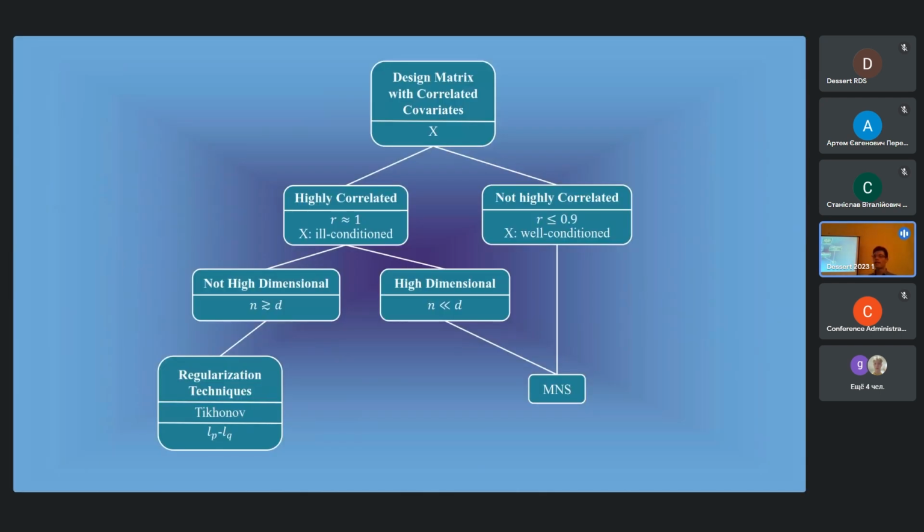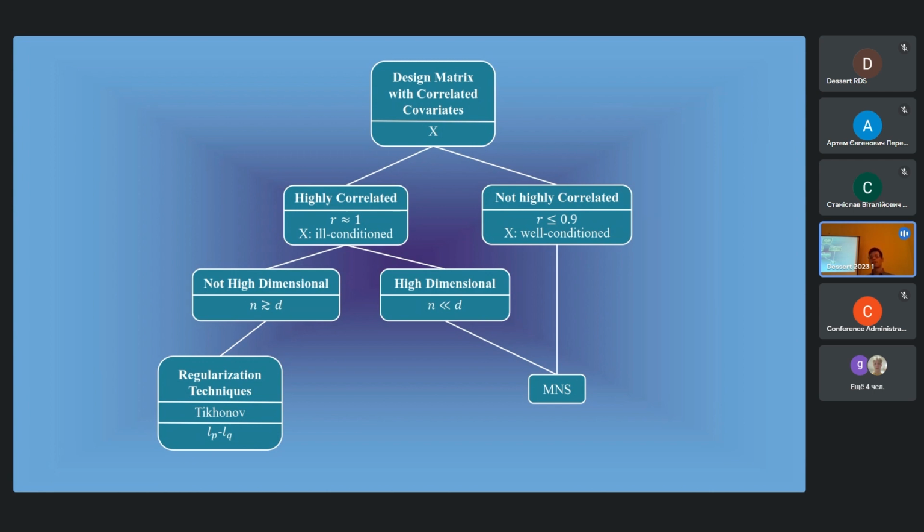This is a simple diagram of our research, which shows exactly what we have concluded. In highly correlated matrices, which means R is approximately 1, we use the regularization techniques only if the data matrix is not highly dimensional.